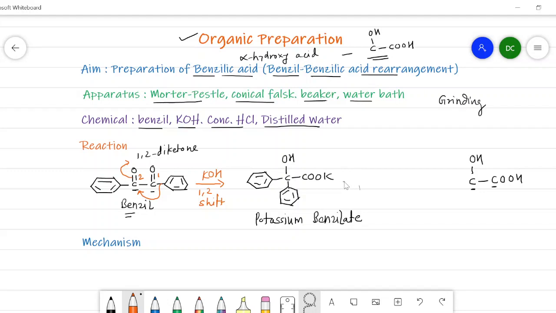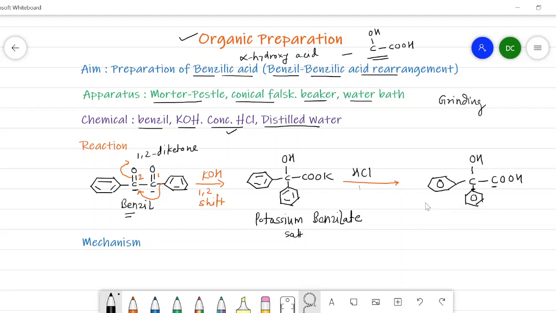Now this benzilate in the second step, here you can find there is the presence of concentrated HCl. This is the salt, and when this salt is hydrolyzed in the presence of HCl, the potassium which is attached to this carboxylate ion is removed from this salt, and we get here a benzilic acid which has this type of structure.